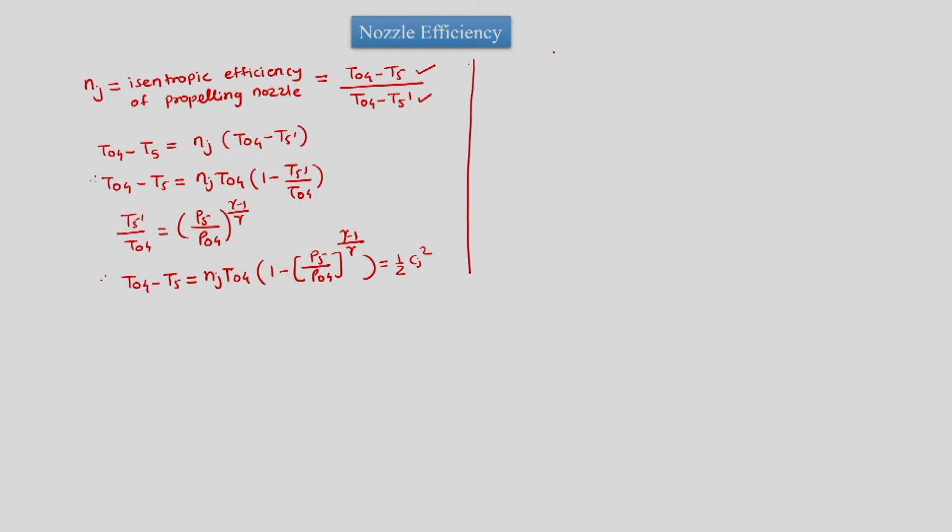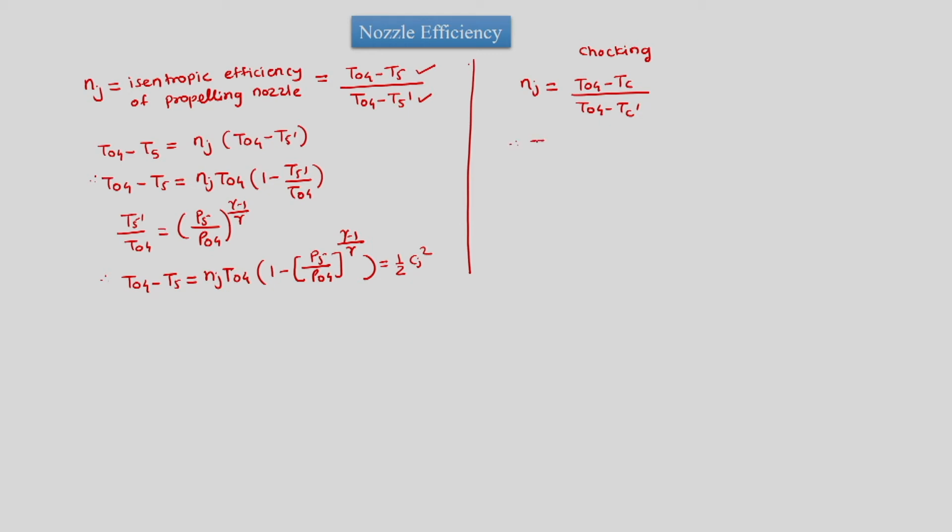In case of choking, we have Nj is equal to T04 minus Tc divided by T04 minus Tc dash.